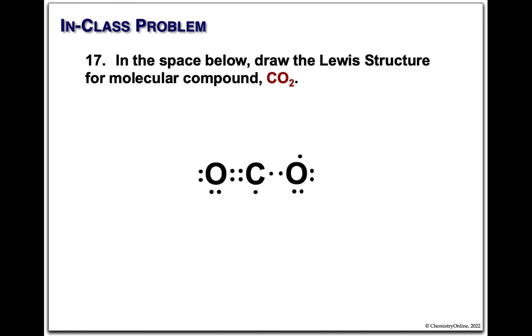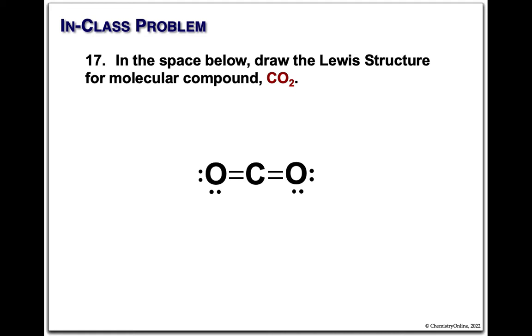Carbon still has 2, 4, 6, 7, not quite so happy, but we can move this guy and this guy in, make another set of double bonds. Now, everybody has 8. Carbon has 2, 4, 6, 8. So does each oxygen. And that's our structure.